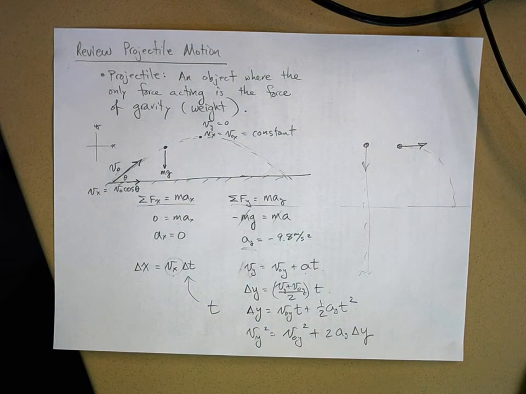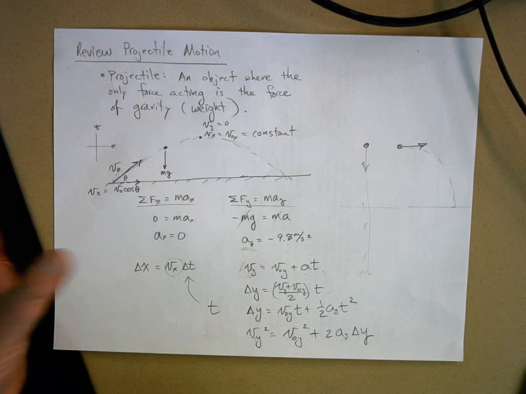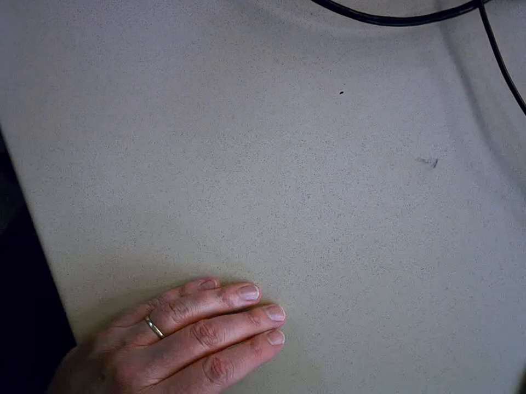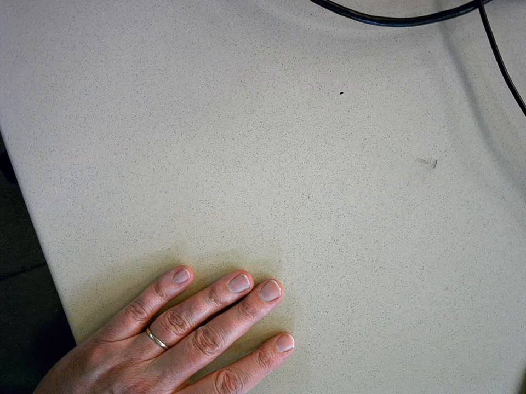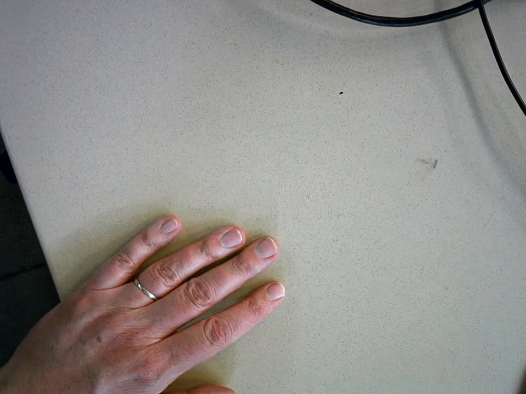Now, here's what you're going to do next. You're going to do an AP Physics free response problem. I'm going to show it to you under the screen, and I'm going to give you about 20 minutes to work on it.